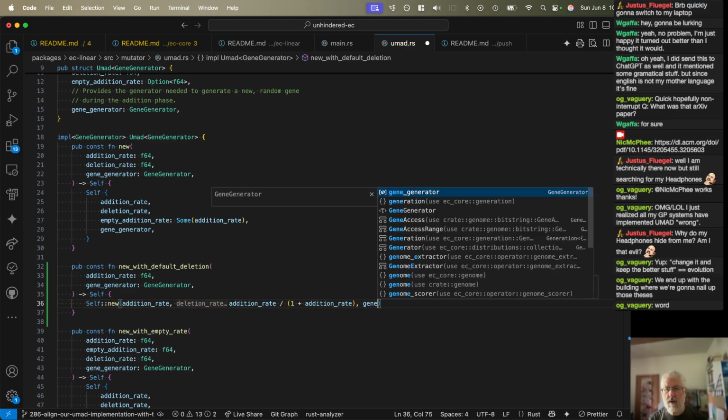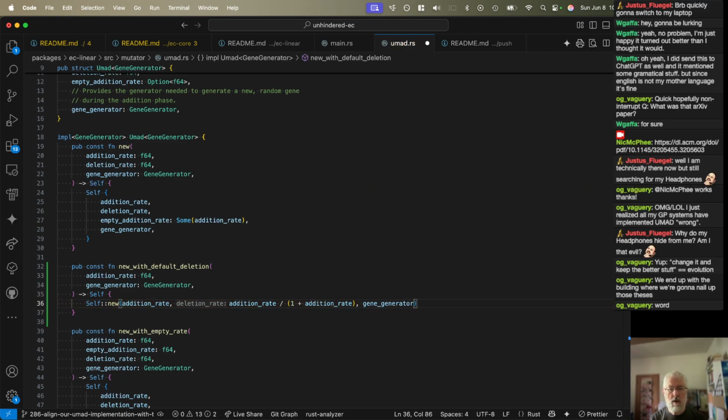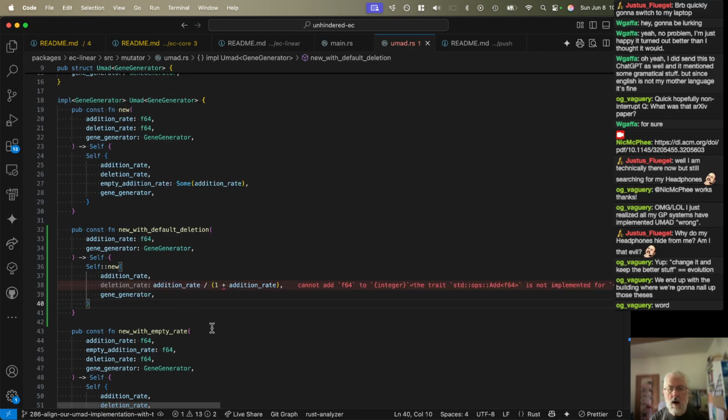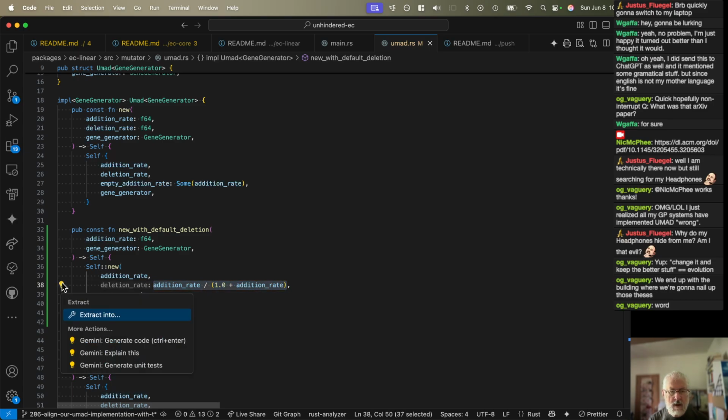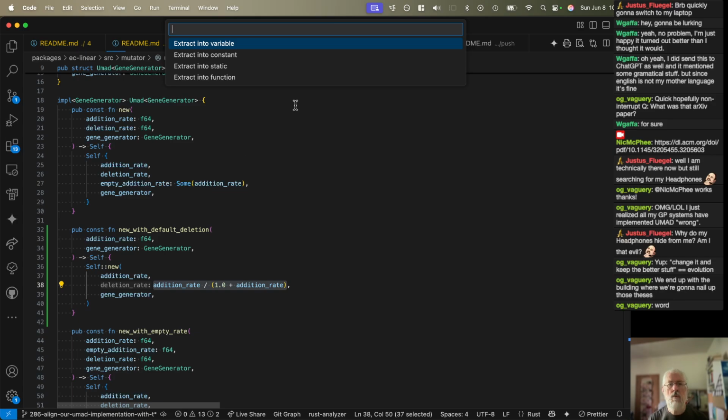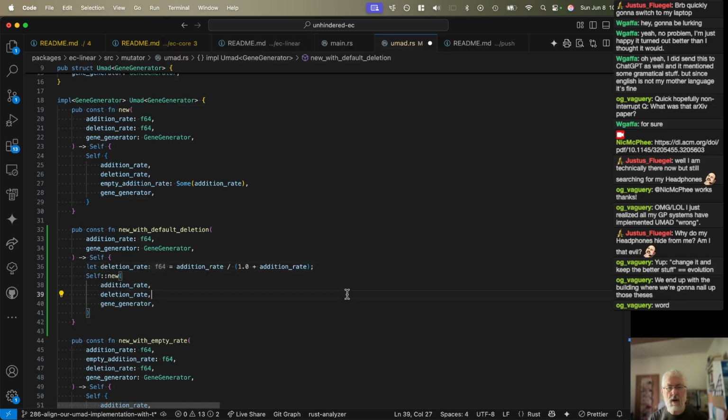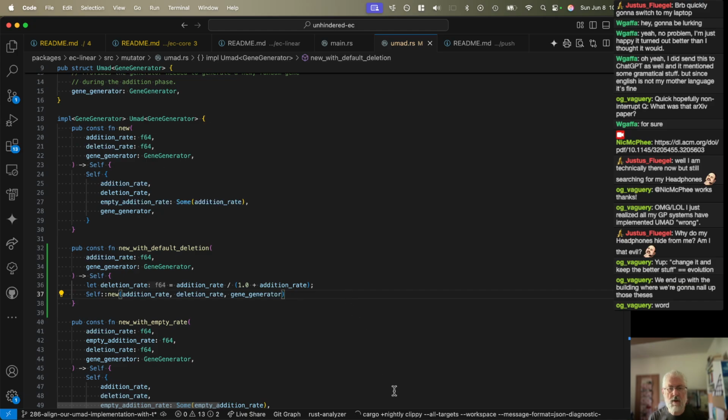And then gene generator. Boom. Yeah, that needs to be 1.0. Fine. And I'm actually going to pull this out, and I think I can extract into variable. That's what I want. Yeah, bingo. That is exactly what I was after.